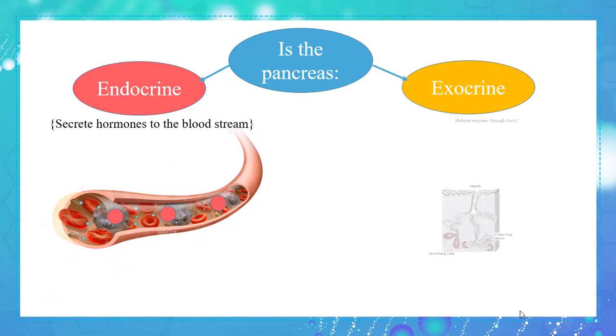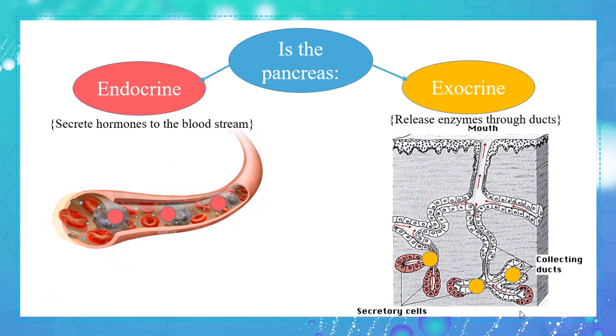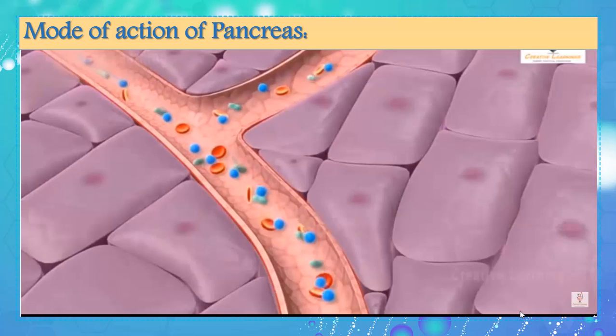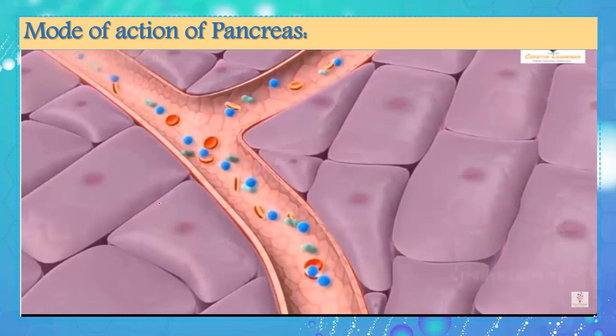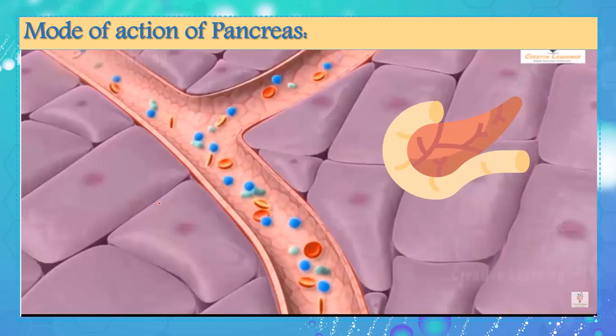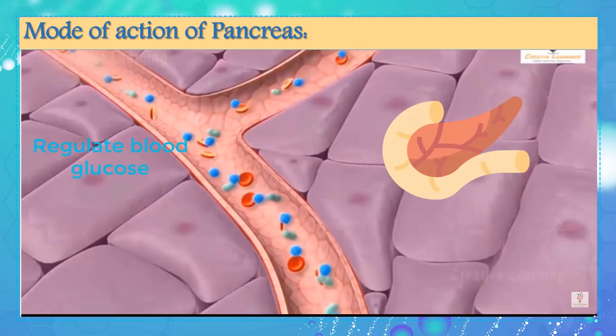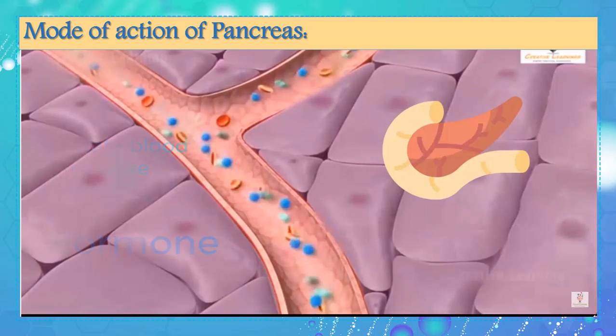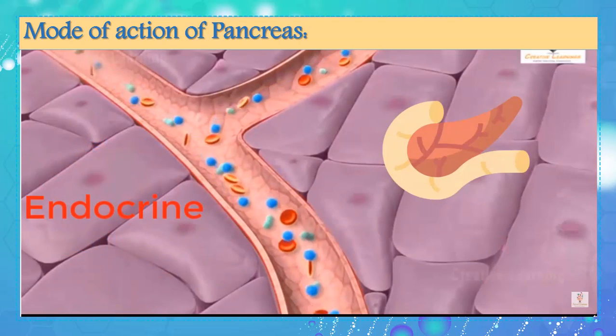Or is it exocrine, secreting enzymes through ducts and not through the bloodstream? Think a little bit about experiments 1 and 2. Were there blood vessels or not? Well, according to these experiments, we can say that the pancreas regulates blood glucose by secreting hormones directly to the bloodstream. So, the pancreas is endocrine.